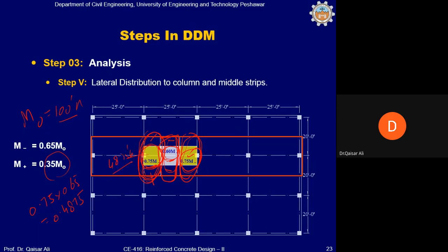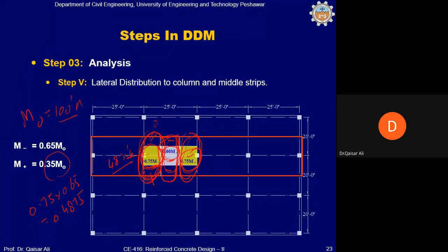The remaining is 0.25 into 0.65, which is 0.1625. 0.1625 divided by 2 means 0.08125.